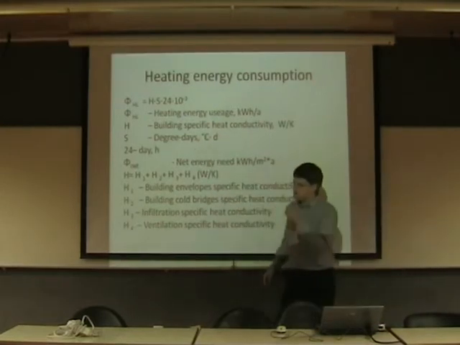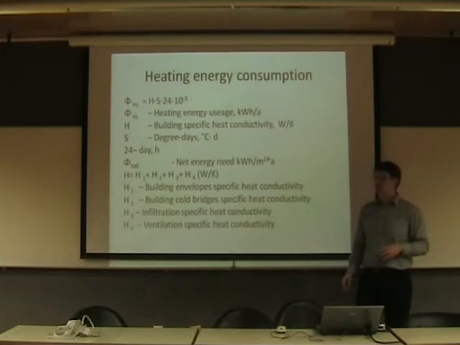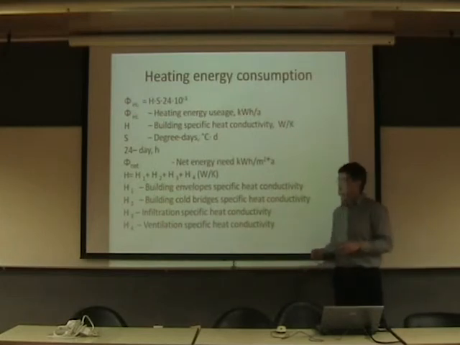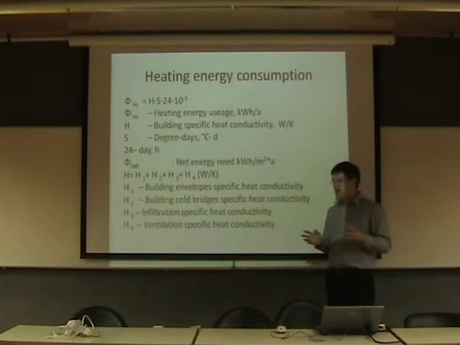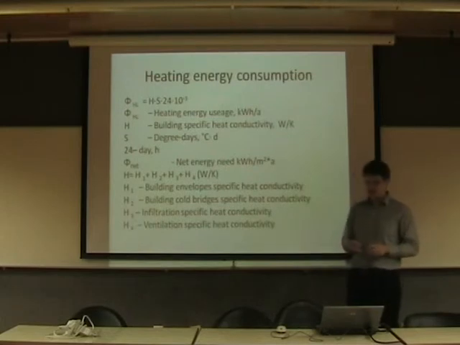But to know how many degree days we have in the building, we must know the balancing temperature. This is also called the calculated indoor temperature. The calculated indoor temperature is the indoor temperature, like 21 or 22 degrees, minus the temperature rise from heat gains.